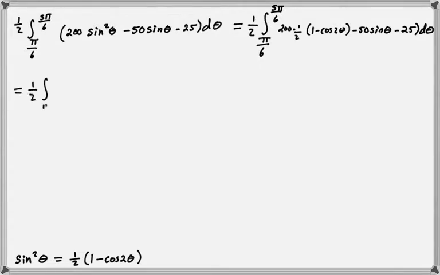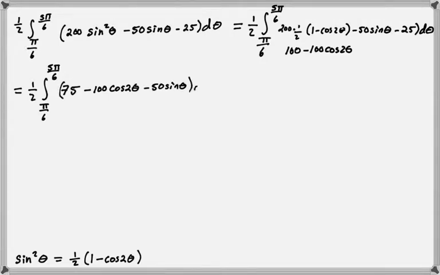So it's going to be 1/2 integral from pi over 6 to 5 pi over 6. And let's see what we got. We got 100 minus 100 cosine of 2 theta. And then we have the minus 25, so that makes the 75 minus 100 cosine of 2 theta, and then minus 50 sine of theta d theta.